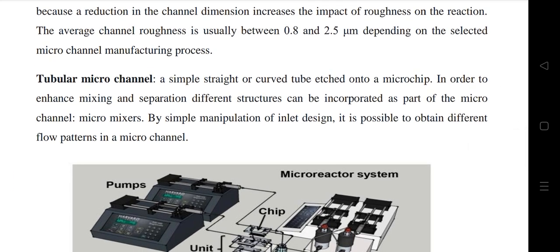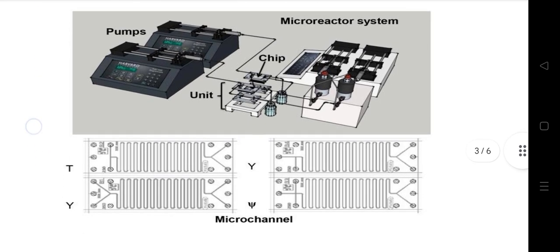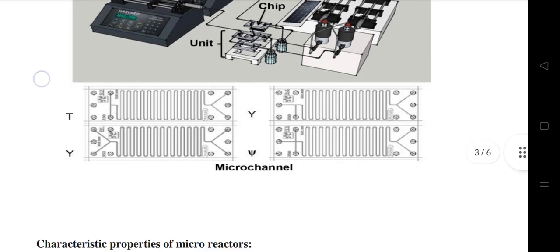By simple manipulation of inlet design, it is possible to obtain different flow patterns in a microchannel. That is basically a microreactor system showing the different microchannels, and each size and shape of the microchannel is significant for better mixing and heat control.